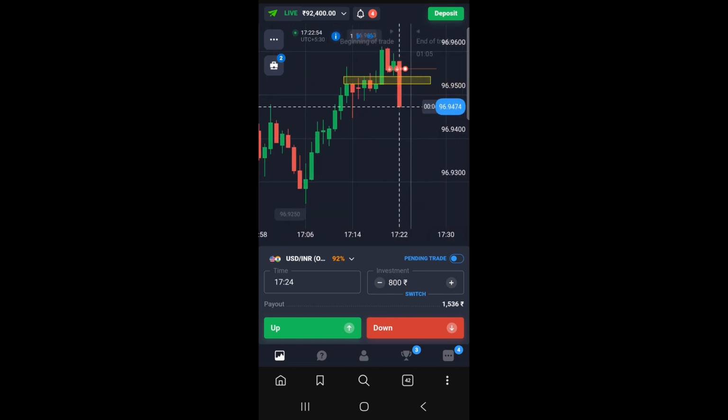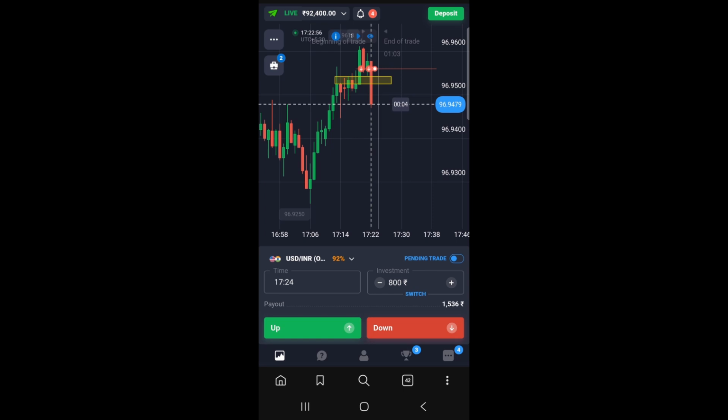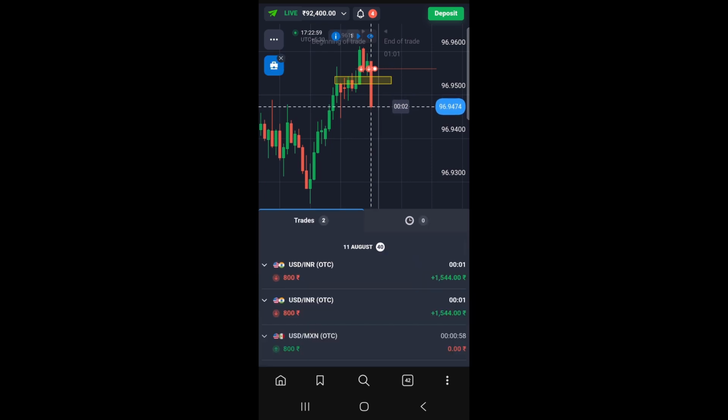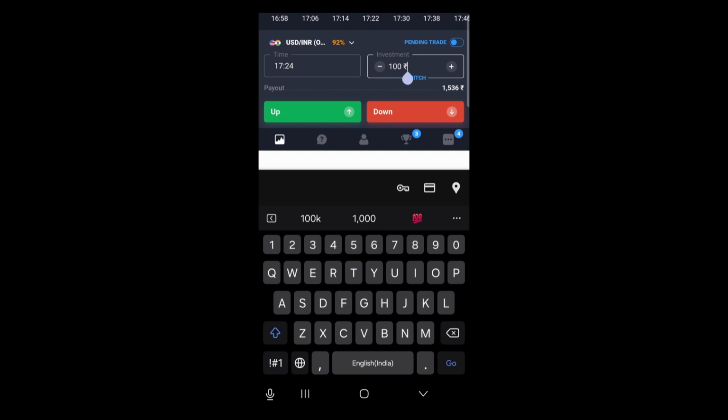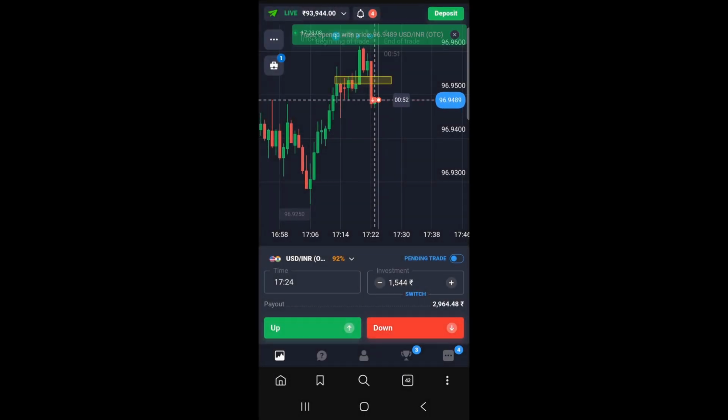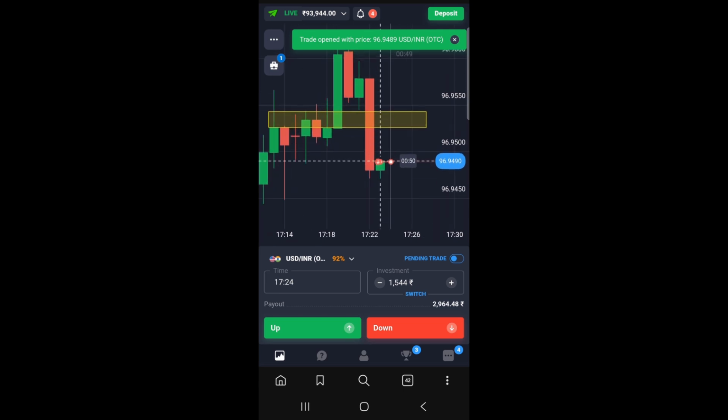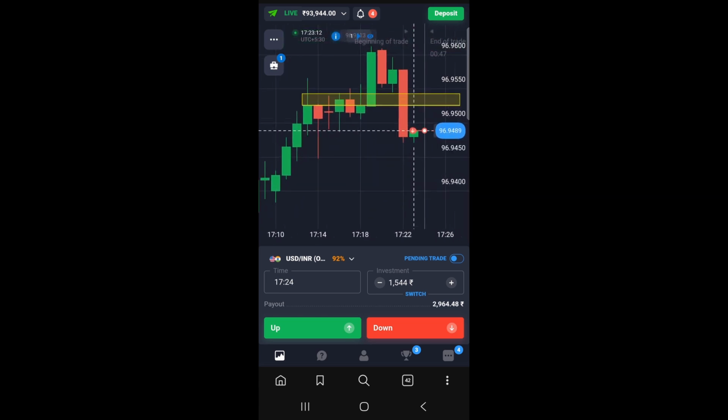That's why I have placed two trades in the downward direction, and I am definitely sure that this candle will become a Marubozu candle. Done. Sure shot, guys.